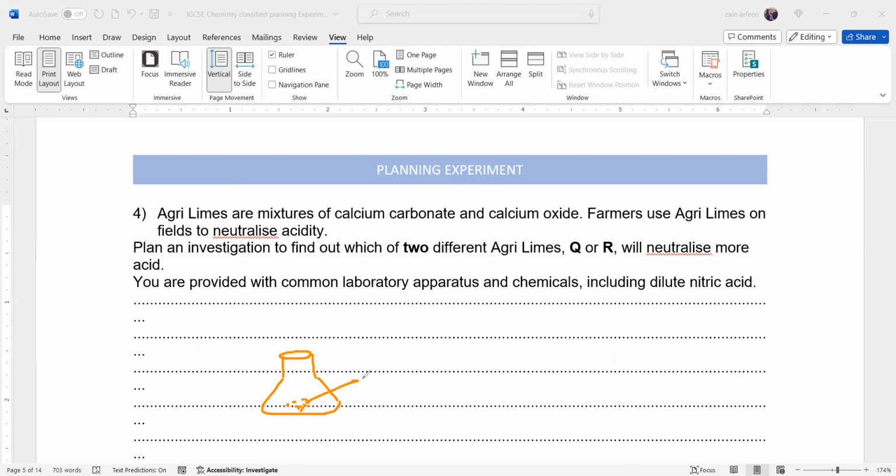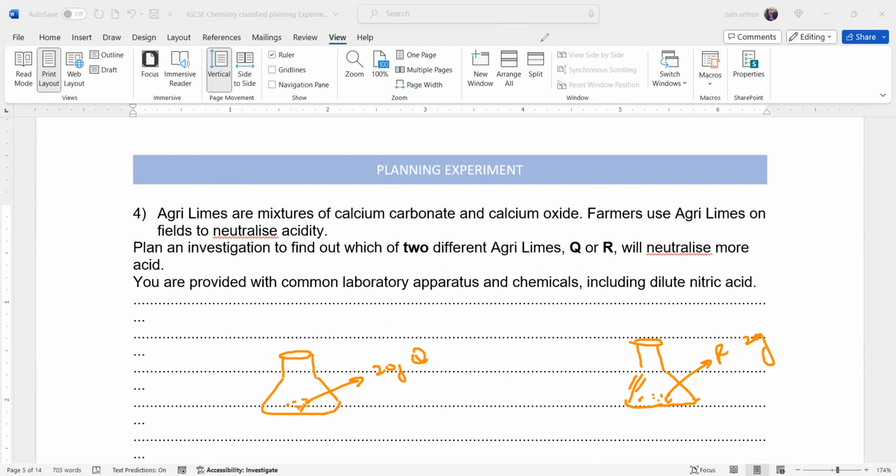So you add 20 grams of Agri Lime Q and 20 grams of Agri Lime R. This will not be aqueous, this is solid. This is another way of doing the same experiment.